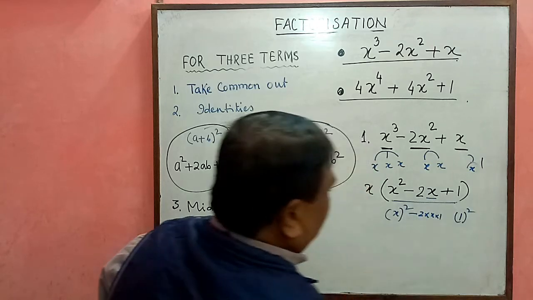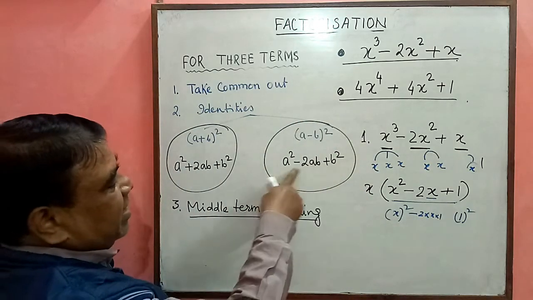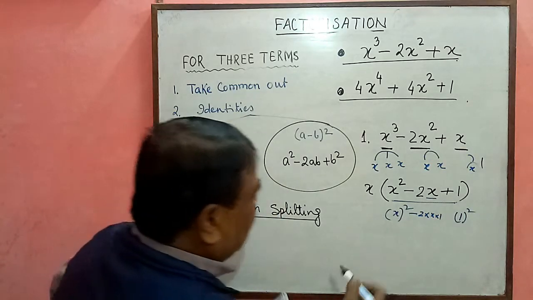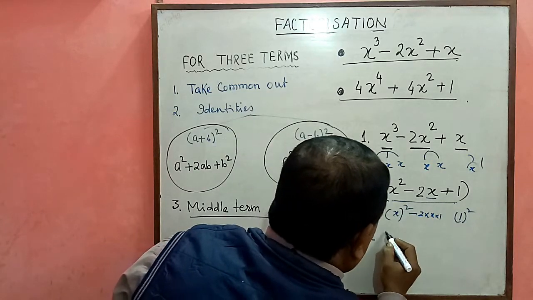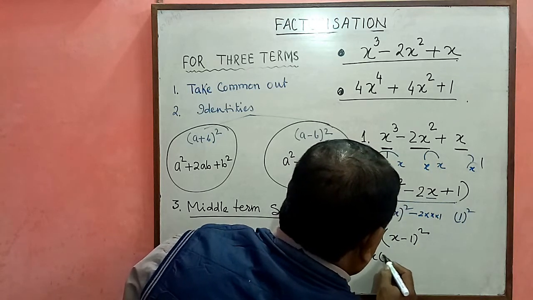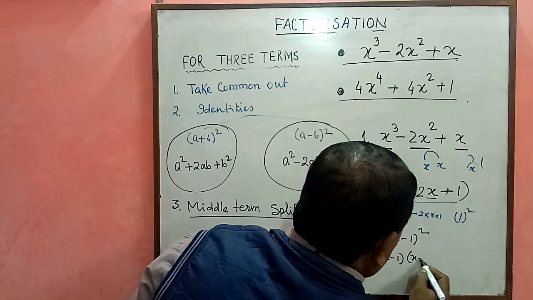So this is minus 2x. So we have this identity here, and we can write this again as x minus 1 whole square, or simply x minus 1 into x minus 1.